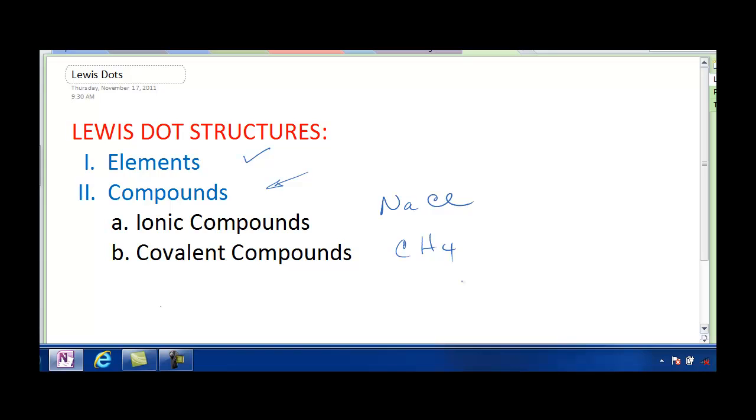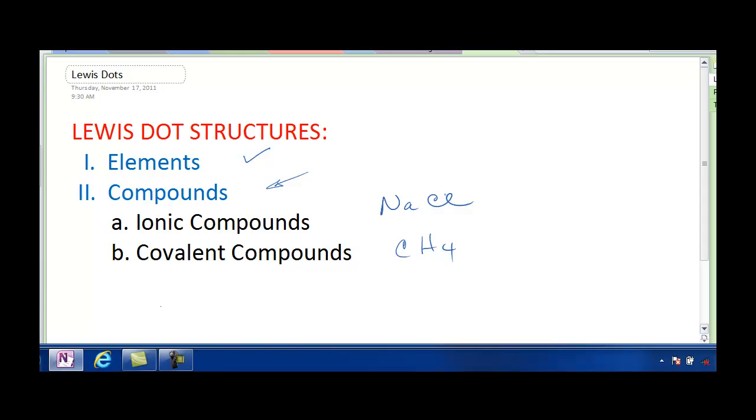Okay, so if we have a metal and a non-metal, we by now know more than that. We really look at the electronegativity values, and that's our criteria. But in general, we have said metal and non-metal, the electronegativity values are going to be so different because they're on opposite sides of the chart that electrons are going to be transferred. So you have ions of sodium, ions of chloride, positive, negative species, as opposed to molecules.